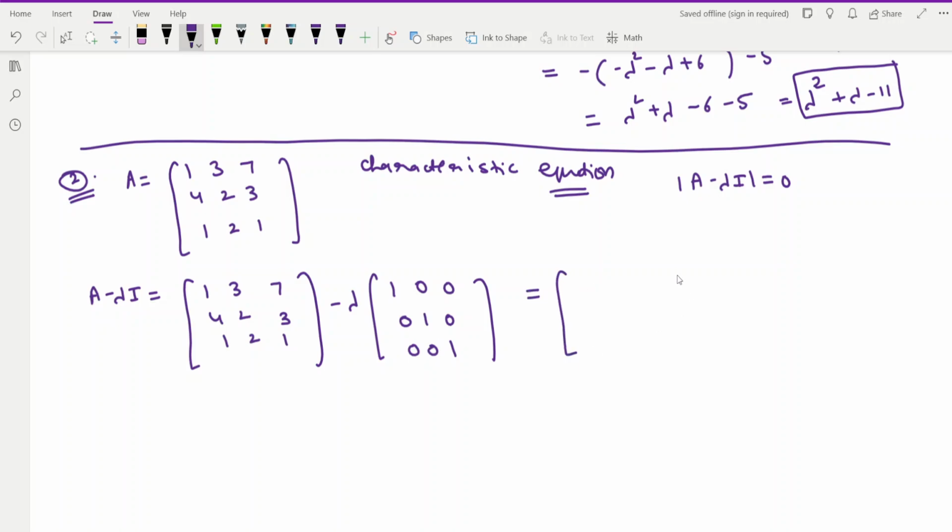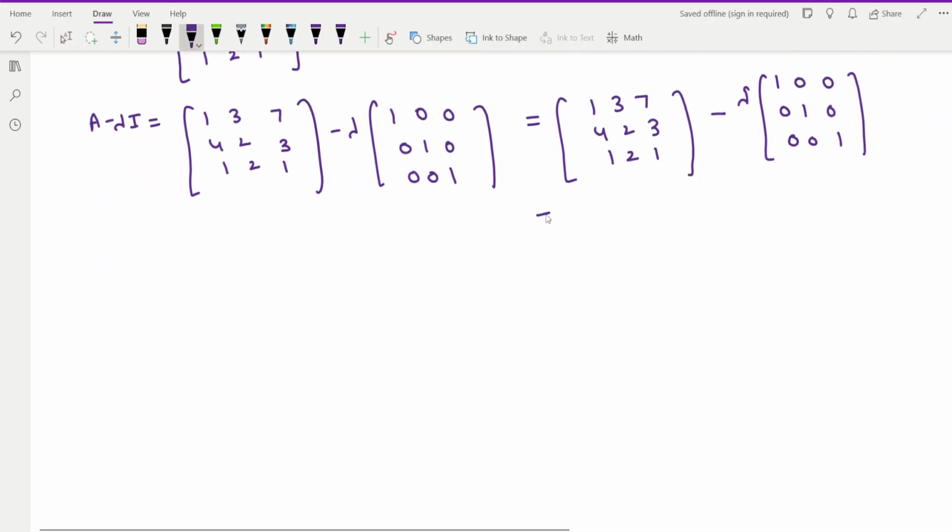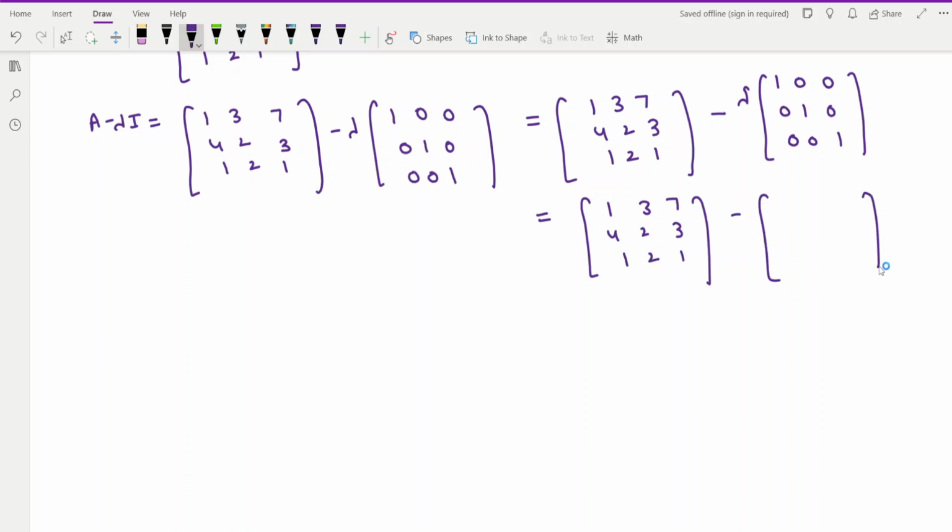How can I continue this? It is 1, 3, 7, 4, 2, 3, 1, 2, 1 and minus lambda times the identity matrix 1, 0, 0, 0, 1, 0, and 0, 0, 1. Now we will simplify it a little bit more. It is 1, 3, 7, 4, 2, 3, 1, 2, 1 minus lambda, 0, 0, 0, lambda, 0, 0, 0, and lambda.